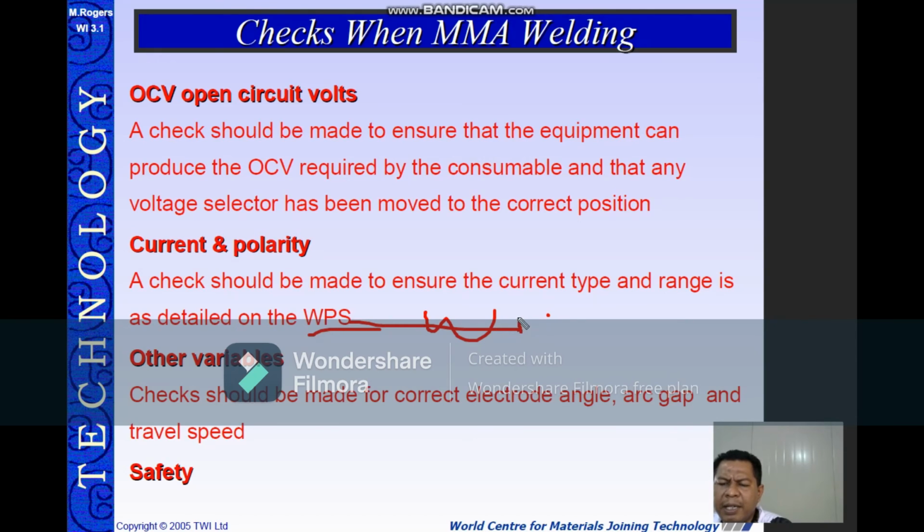When we learn welding inspection or welding engineering, we will understand the welding procedure specification more deeply. Before the welding process, the WPS must get approval. So we have to run a PQR, then we can make the WPS. For the other variables, we make the correct electrode angle, arc gap, and travel speed.